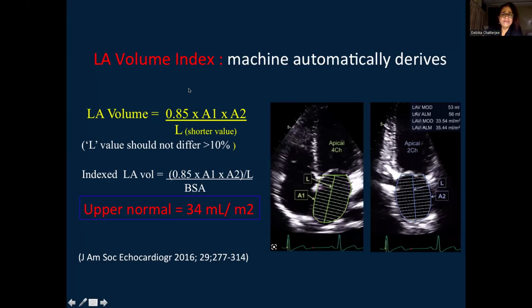So we get a value, and if we divide that value by body surface area, we get the indexed LA volume. The upper limit of normal is 34 ml per square meter.